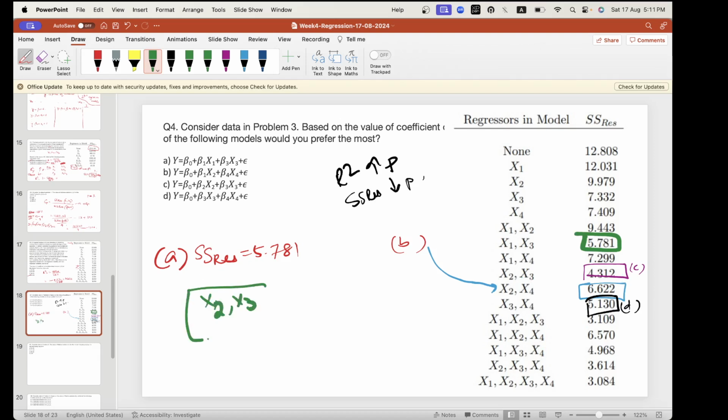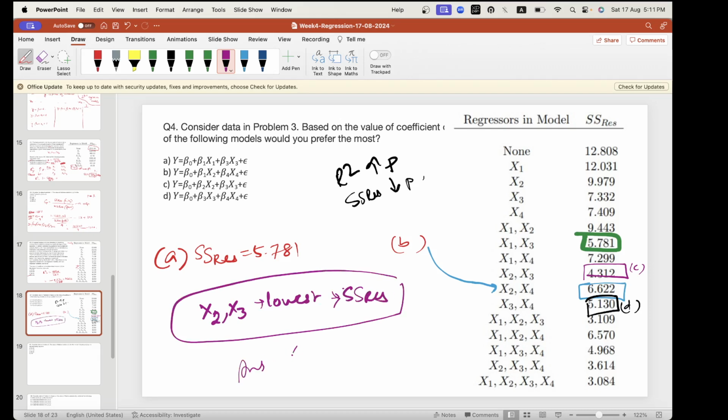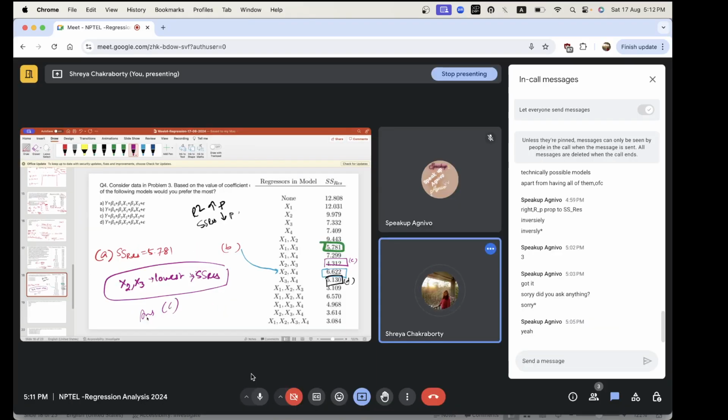So x2, x3 is the best model. Okay, that is option C. So here, yes, x2, x3 has the lowest SS residual. So then the answer is option C. Alright.